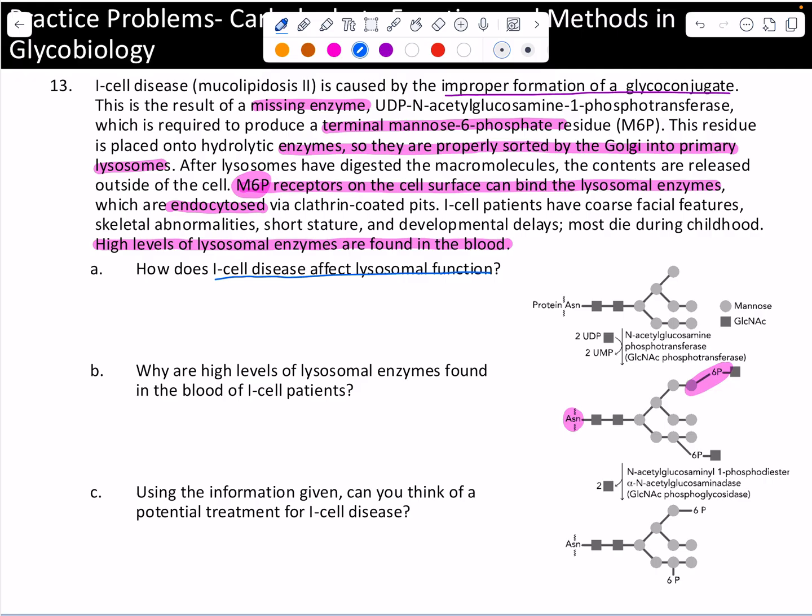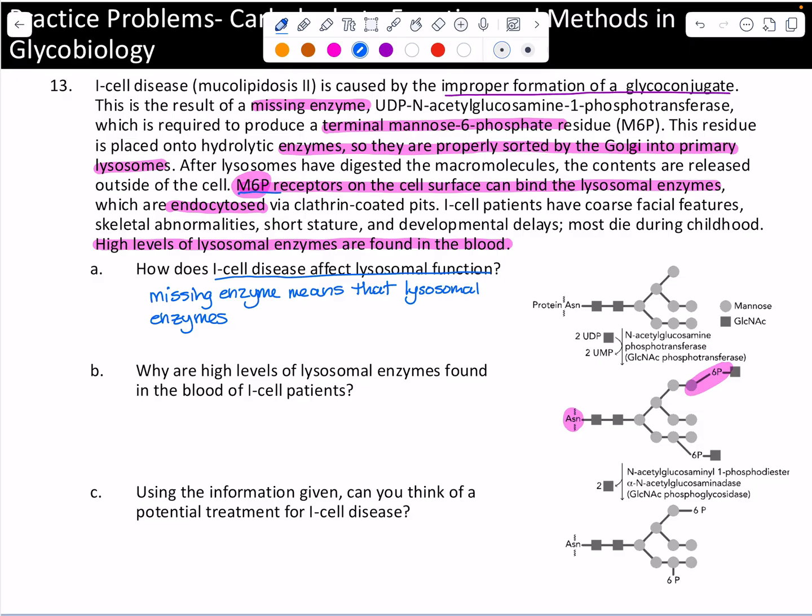Okay, so I-cell disease. The missing enzyme means that lysosomal enzymes do not, let's see.